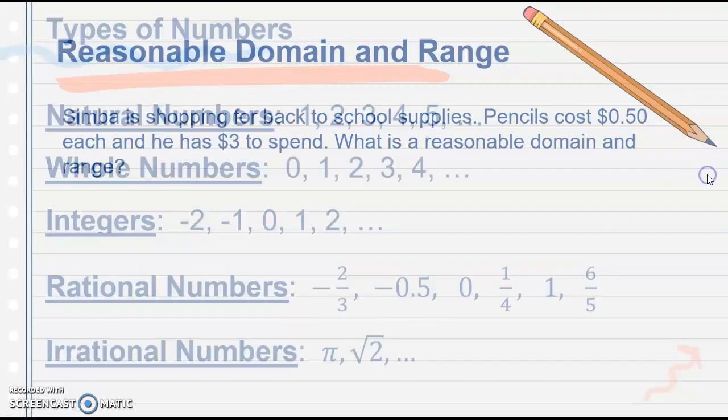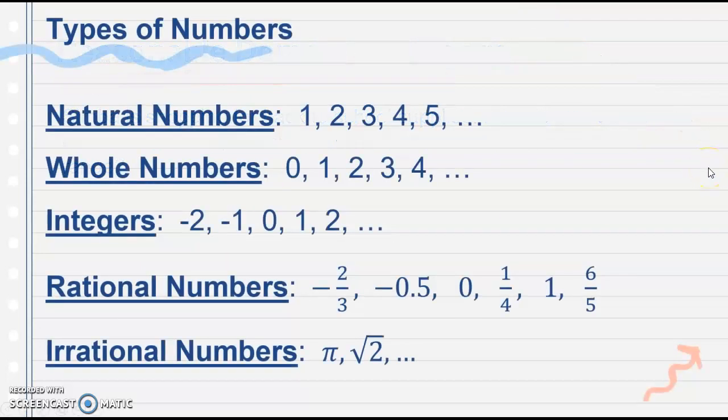Those types of numbers have a special name, and this is something that you might want to write down in your notes. We have all these different categories of numbers, and you'll see these when you're doing your homework with vocab. We have natural numbers, whole numbers, integers, rational numbers, which are things that can be written as a fraction, and then you have irrational numbers, which are like pi and the square root of 2. They're not very nice. So in this case, I could have 0, 1, 2, 3, 4, etc. So we could consider that a list of whole numbers.